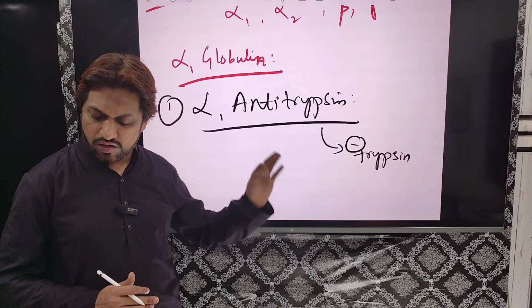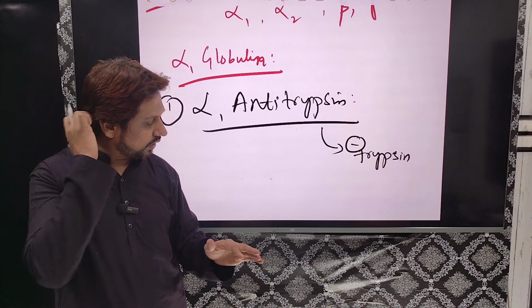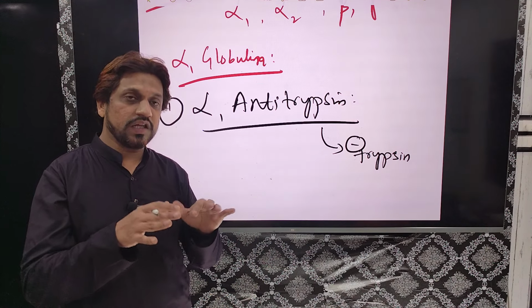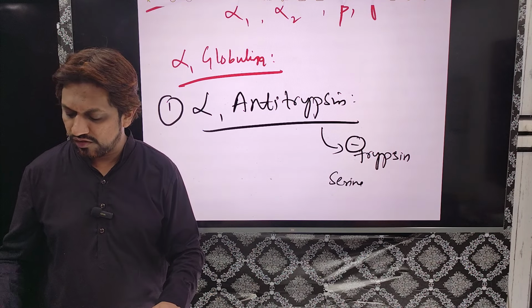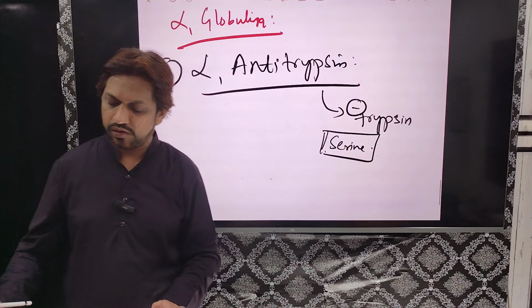So alpha 1 antitrypsin inhibits trypsin, and when it inhibits trypsin, it indirectly prevents the breakdown of proteins, basically the proteins having serine amino acids.